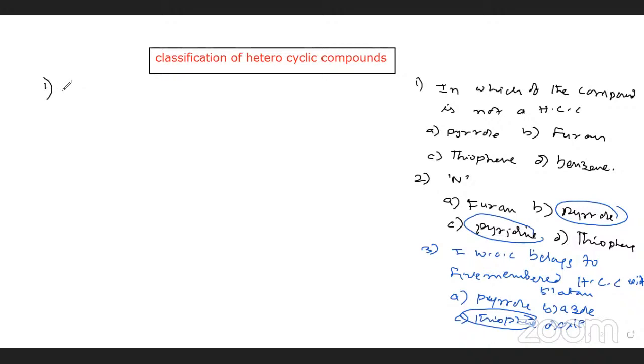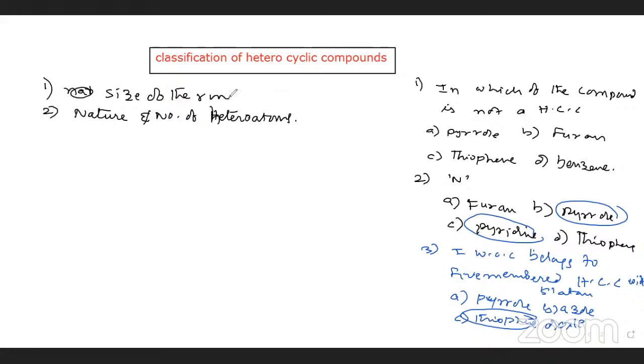The first one is the size of the ring, and the second one is the nature and number of heteroatoms.